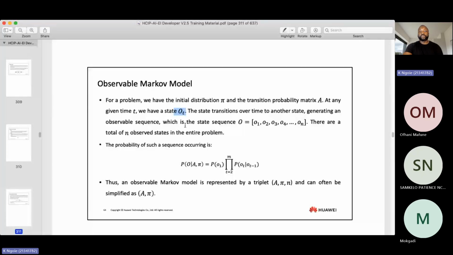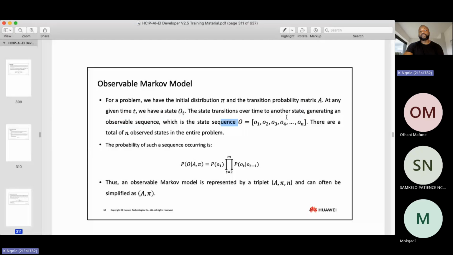So in our example, maybe it's a rainy day today. This is the time, so today it's raining. Then we have the state transition over time to another state, generating an observable sequence, which is the state sequence.